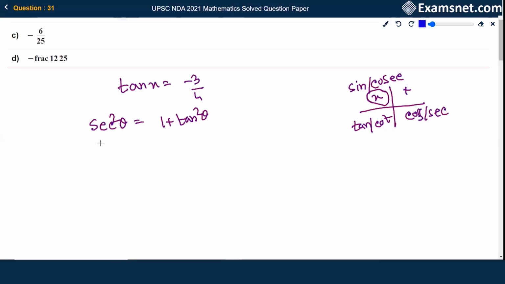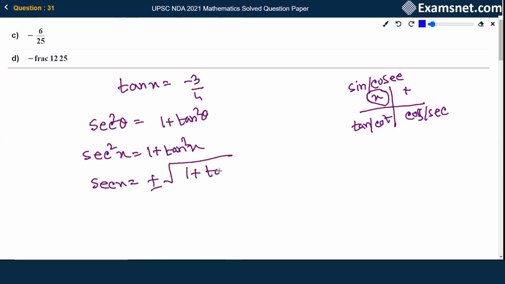So in place of theta, we can write it in the same way. If we put x in place of theta, we can write sec squared x equals 1 plus tan squared x. So from this, we can find the value for sec x, which is plus minus root under 1 plus tan squared x. Let's find the value. 1 plus 9 by 16, 25 by 16, right?